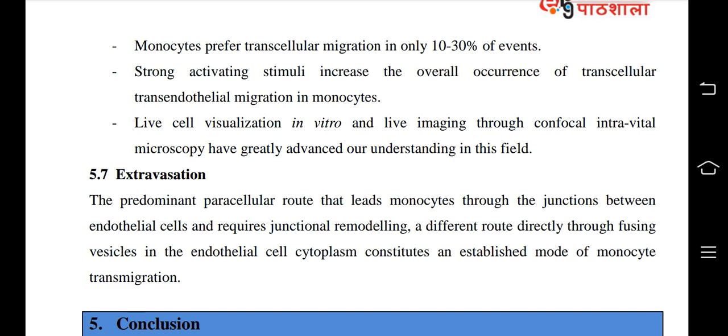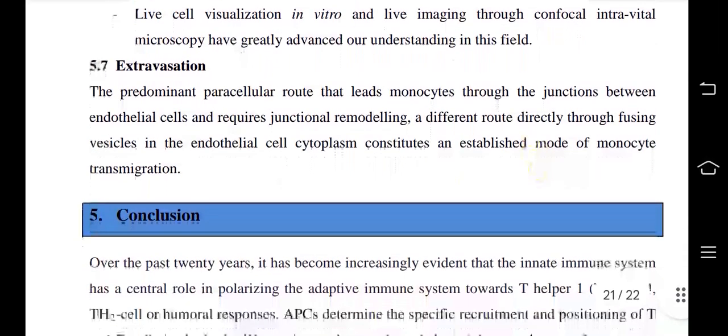Live cell visualization in vitro and live imaging through confocal intravital microscopy have greatly advanced our understanding in this field. In extravasation, the predominant paracellular route leads monocytes through the junctions between endothelial cells and requires junctional remodeling. A different route, directly through fusing vesicles and endothelial cell cytoplasm, constitutes an established mode of monocyte transmigration.